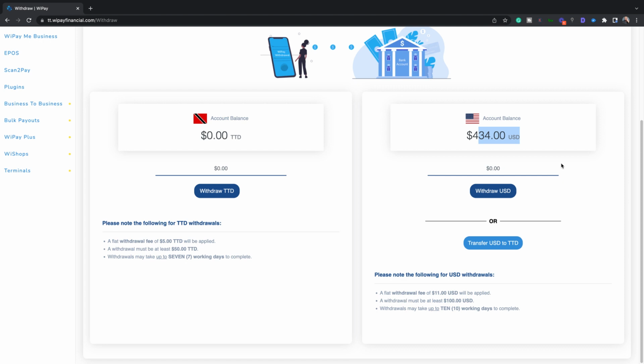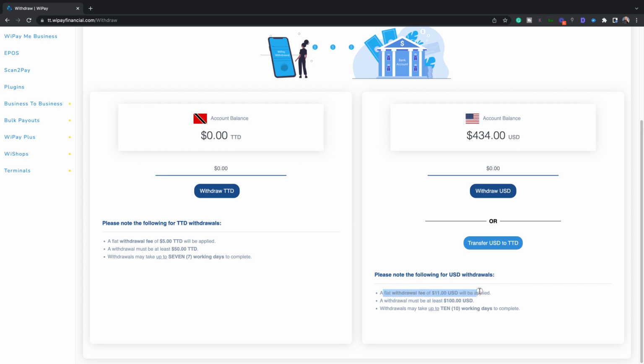All right. If you do not have a US account, WiPay is automatically still going to put those funds into the US side. But if you do not have a US account, you're going to have to transfer the US dollars into your home currency, and that would automatically show up in your TT balance. So it's going to look like this.